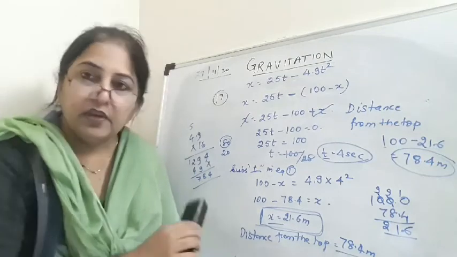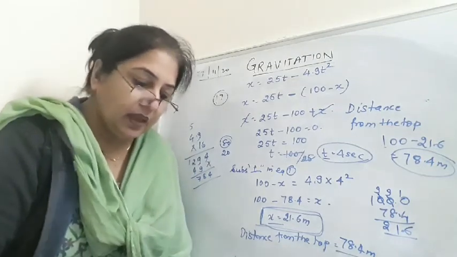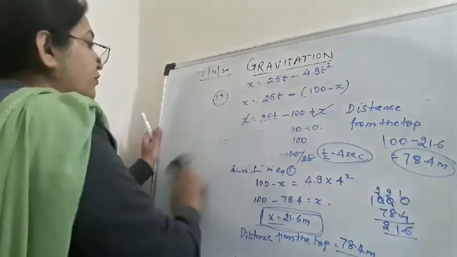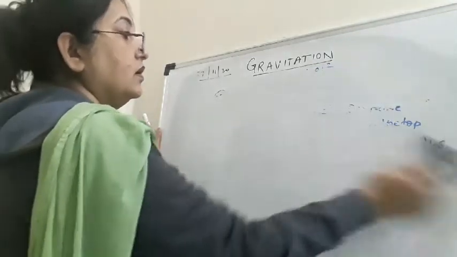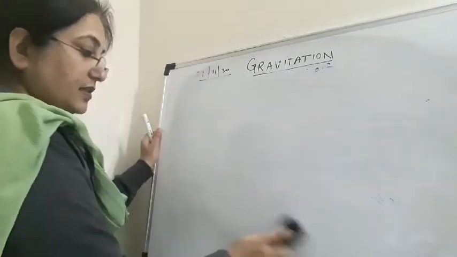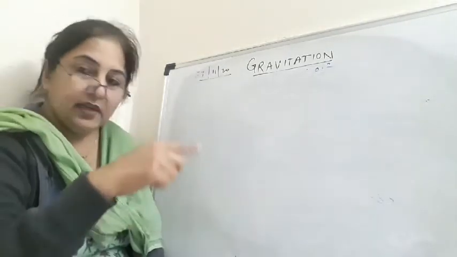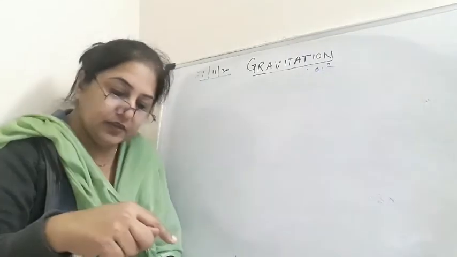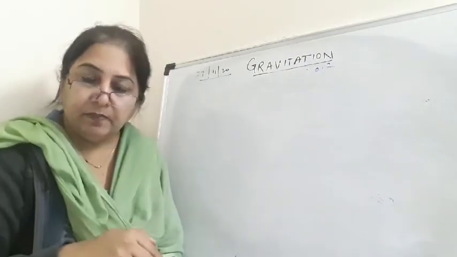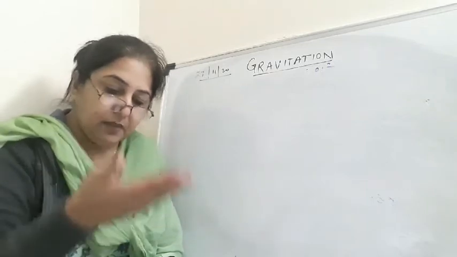Now quickly we'll finish the 18th one and the exercise is complete. We have the 18th question. Question number 18 says, a ball thrown up vertically returns to the thrower after 6 seconds. So a ball is going up, coming down.